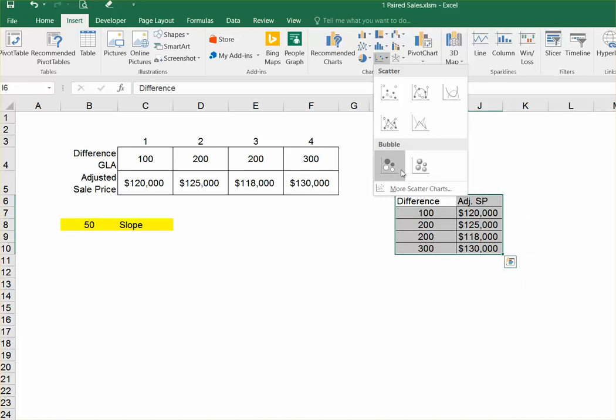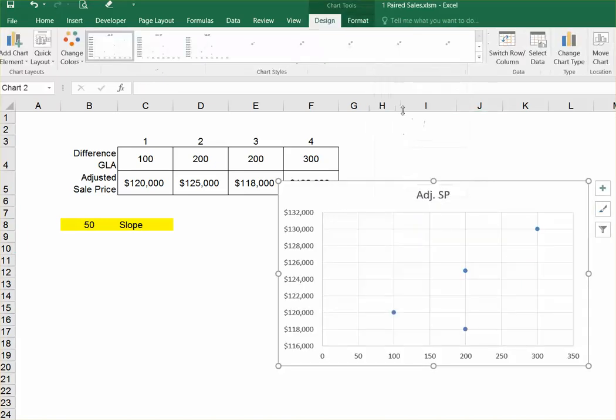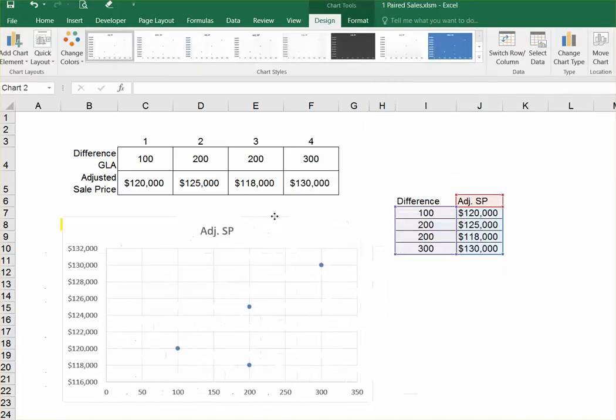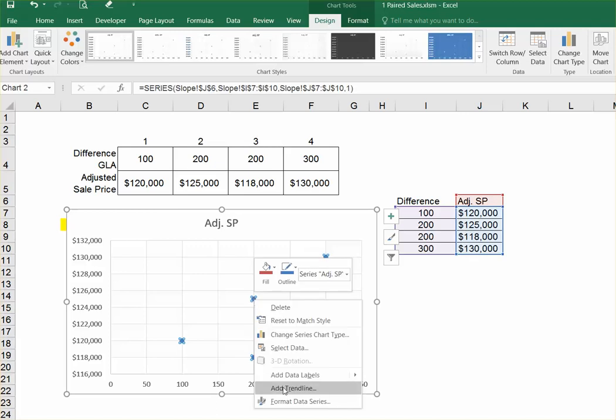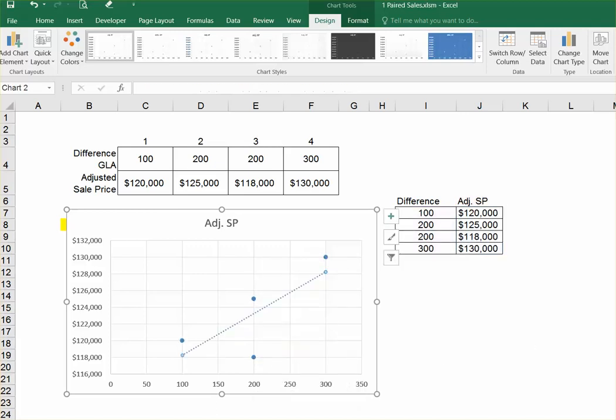Where did my chart go? Guess I never got my chart. There it is. Now let's make it a little small. Well, we'll just put it right there so you can see it good. Now these are the plots of these numbers. Now I'm going to add a trend line, and I'm going to add a linear trend line. And while I'm at it, I'm going to display the equation on the chart.